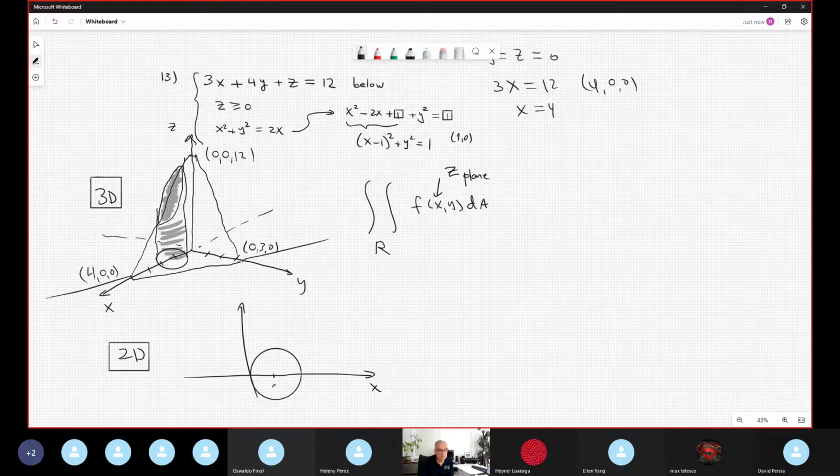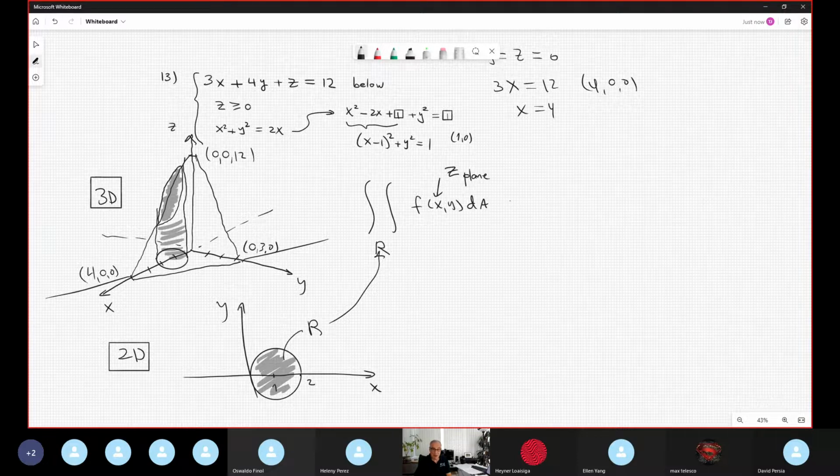Okay, this is 1, this is 2, this is y, this is my region R. This R is this R. Okay? Then I suppose it's better to be in polar, no? Or no, if you are doing Cartesian, no problem.